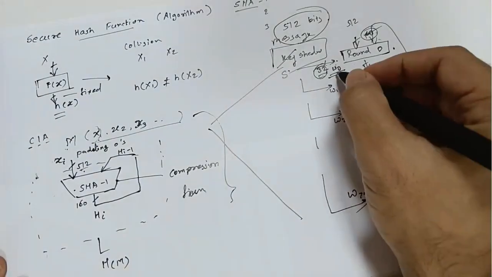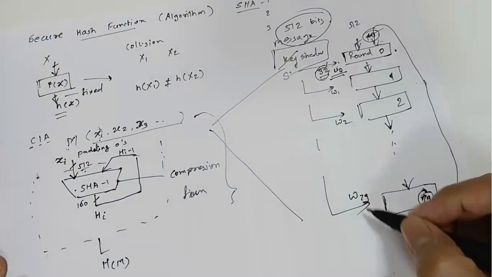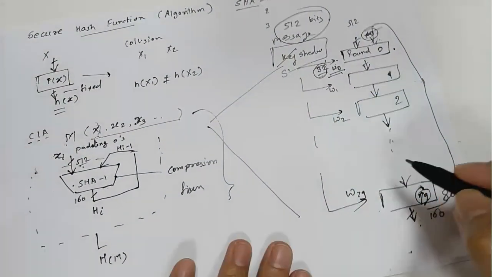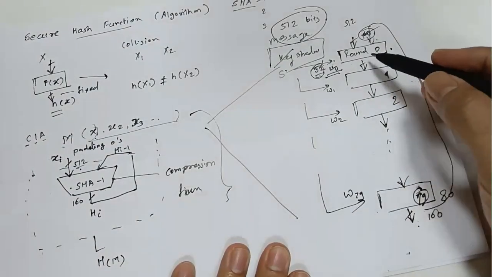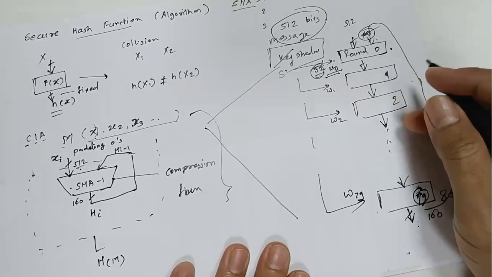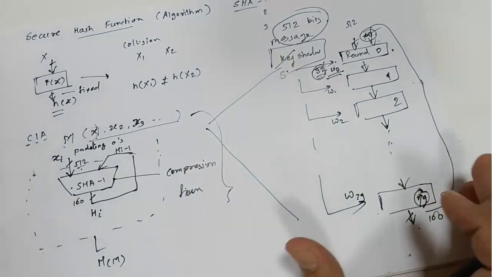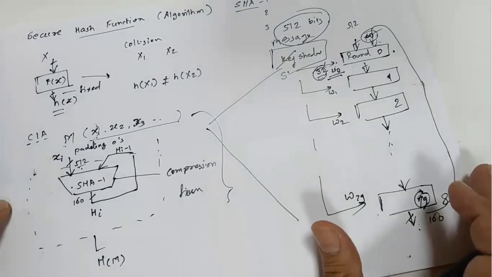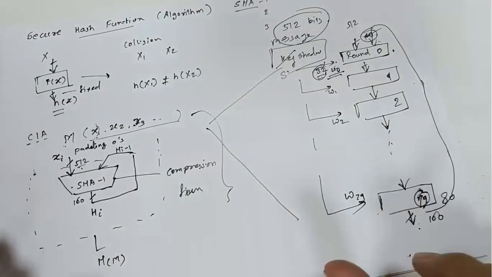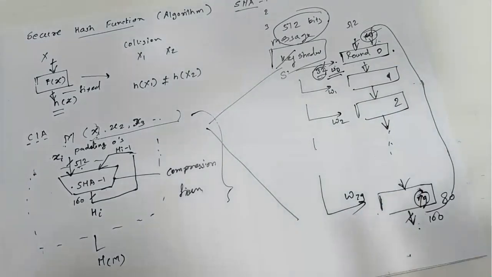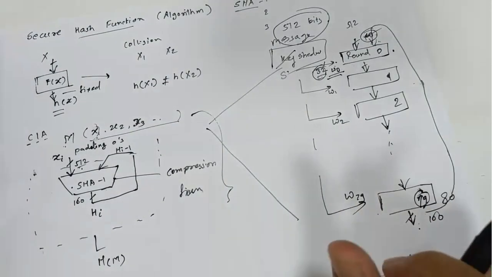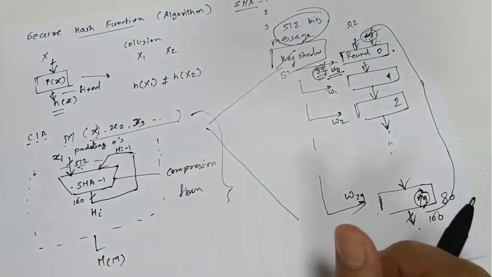I'll tell you how to create these W0 at the end. I'll also tell you what is happening in each round, because plenty of details are still missing in this algorithm. But as of now, have you understood what I have explained?